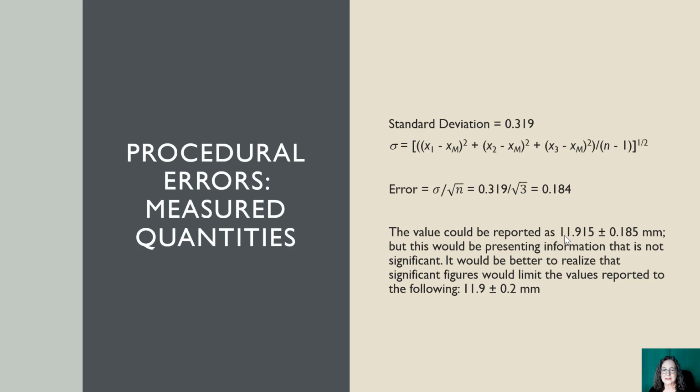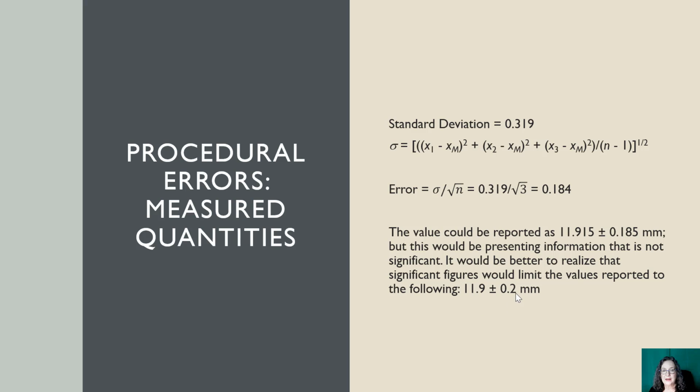So I could report this as 11.915 plus or minus 0.185, but that's crazy because everything after the first digit on my error is garbage. That's hidden within the error. So I'm going to round the error to 0.2, and if I'm only going to 0.2, I only get to the tenths place in the first number. So I would report this as 11.9 plus or minus 0.2 millimeters.